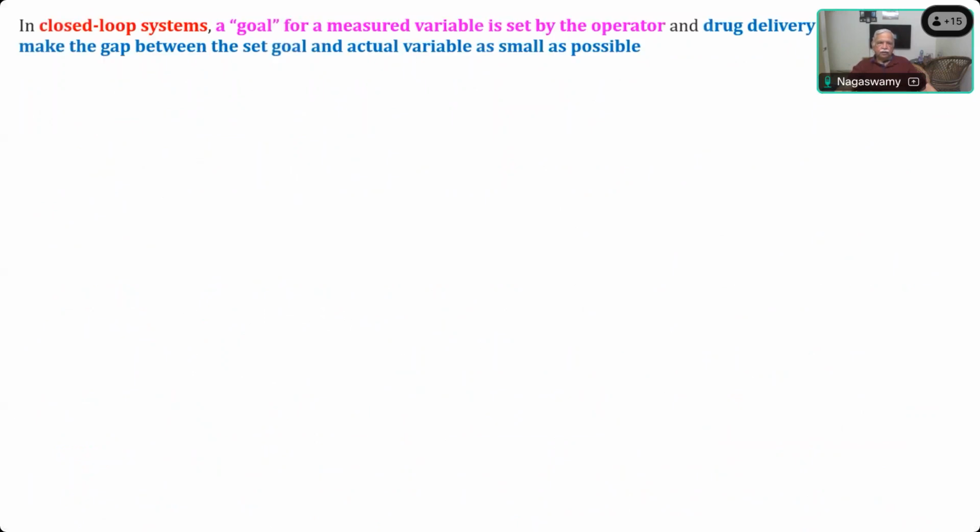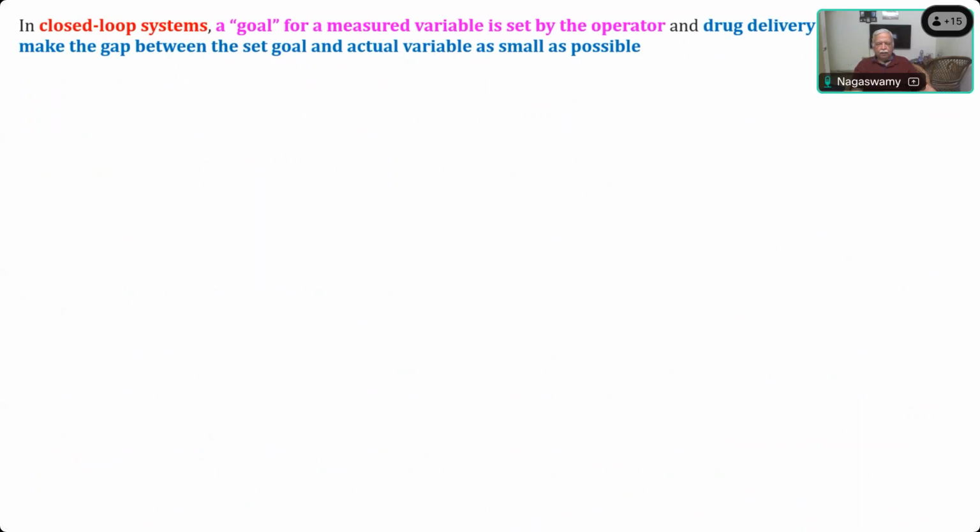In a closed loop system, as I told you again, a goal for measured variables is set by the operator, and the drug delivery is adjusted to close the gap between the set goal and the actual variable. So we do not know which patient is going to behave in which way. So we feed general data and set the infusion rate. For example, you give an induction dose of 2 milligram of propofol that is delivered by the machine. After that, you set it as 0.2 milligram per kg per hour as a maintenance dose.